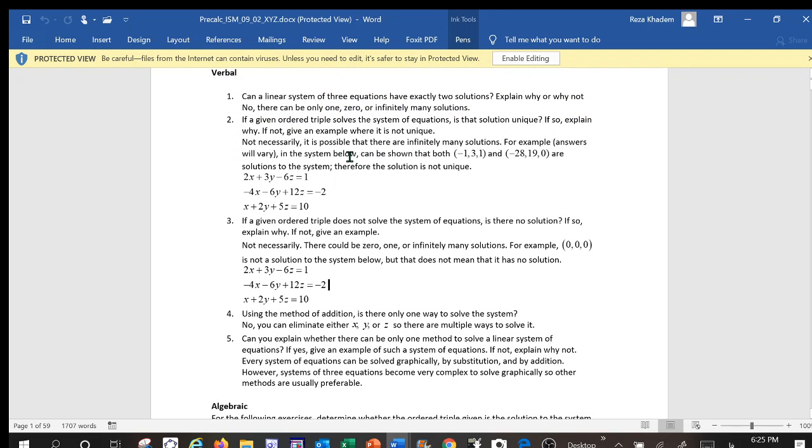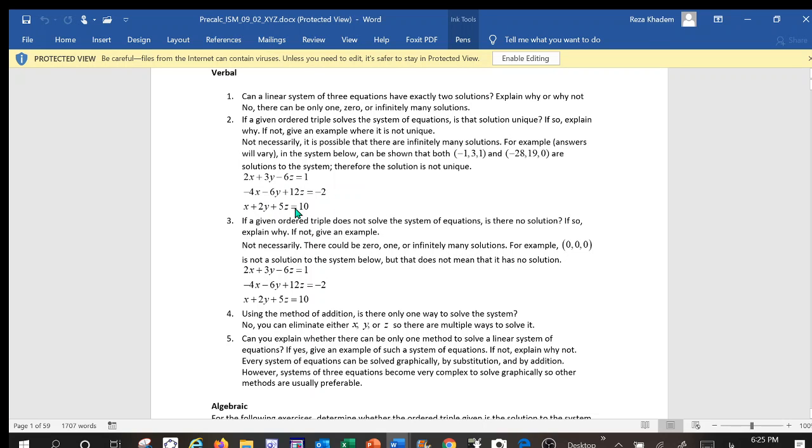For example, here we have 3 numbers such that if you do all these to them, you get 1. If you do all these, you get -2. And if you do all these, you get 10. Now, it's kind of hard to do it in your head, obviously, so we don't do it that way. What do we do? We use a calculator.